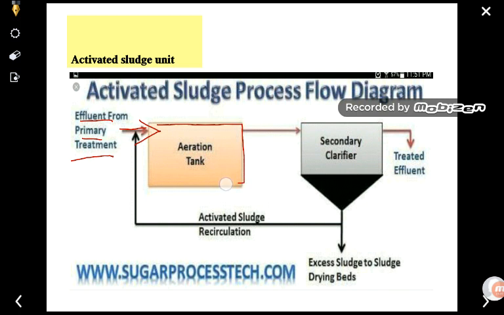In the aeration tank, air is provided, so dissolved oxygen is provided, and then it is allowed to settle in the secondary clarifier. Here you can see the sludge is settled.